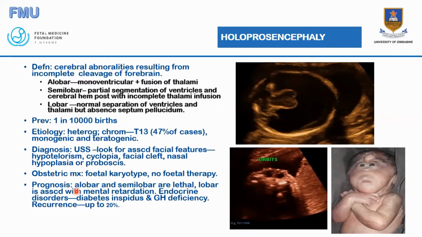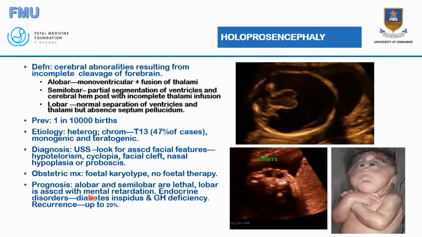Then in terms of prognosis, I've already told you. In terms of obstetric management, we do offer karyotype. The reason why we offer karyotype is for recurrence risk counseling. If trisomy 13 is associated, the recurrence risk is about 1%. If there is no associated trisomy 13, the recurrence risk is about 10%.